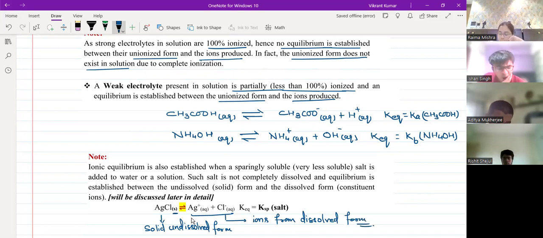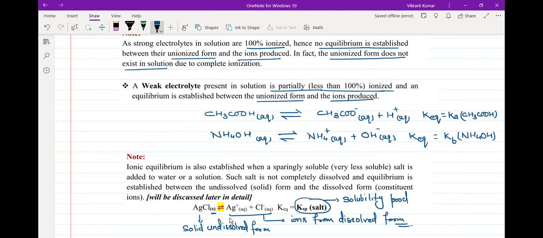And for such type of equilibrium, again we need to define some equilibrium constant. This type of equilibrium constant is called solubility product, जिसकी बात like I told you we'll be talking about later on, after buffer solution.